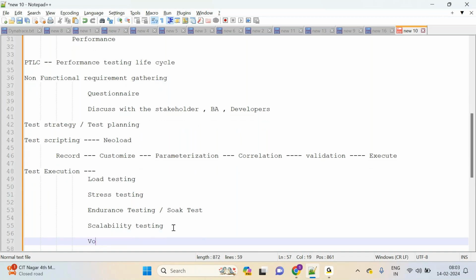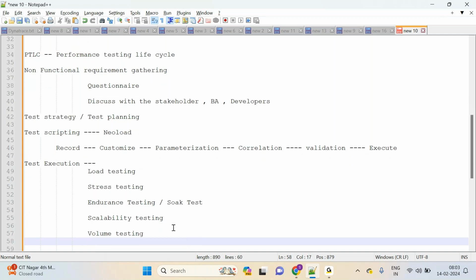These are the industry-familiar testing types. There are one or two other test types, but they are not greatly used. These are the major test types we regularly use.